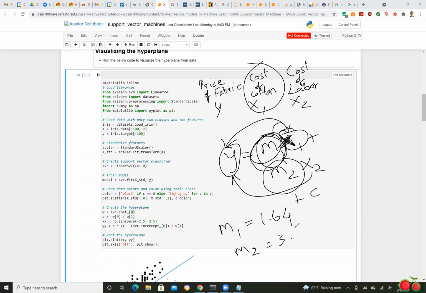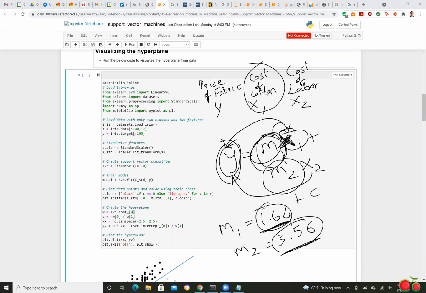If these are the coefficients I'm seeing, what does that tell me? This has higher influence than this on my end result variable, 3.56 as compared to 1.64. Does that make sense? Clear?